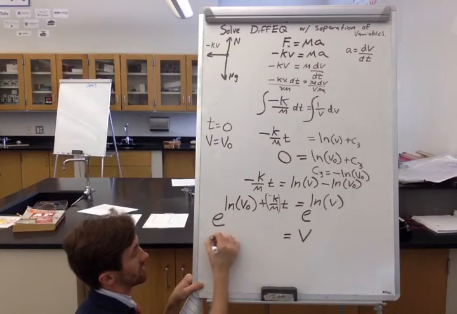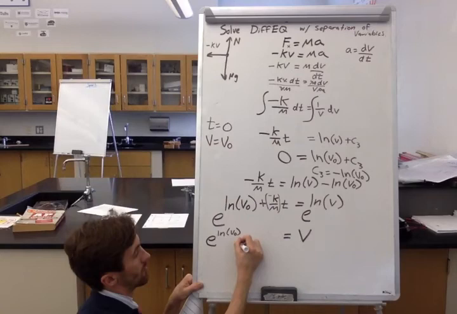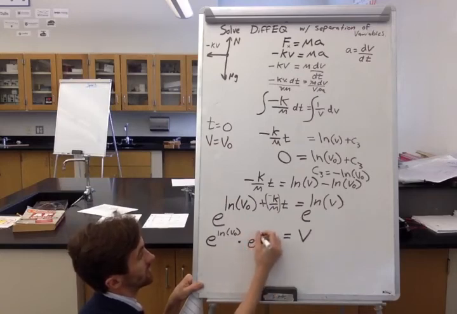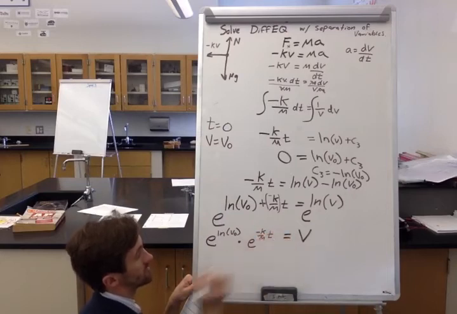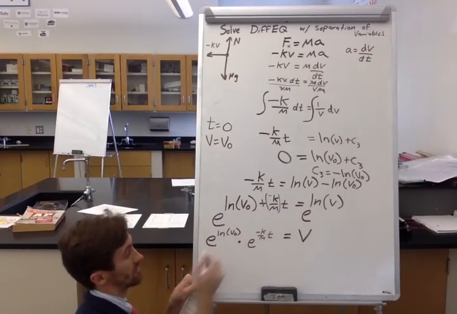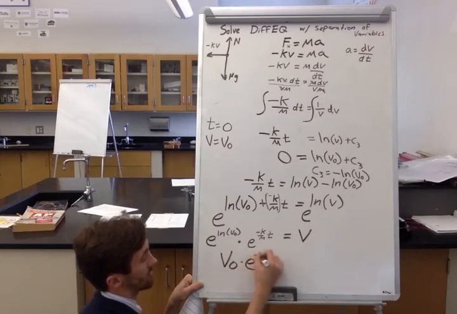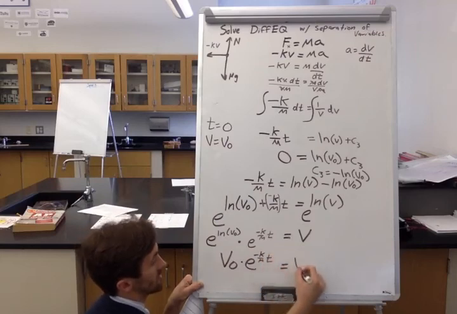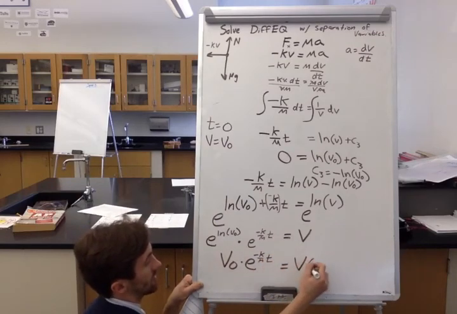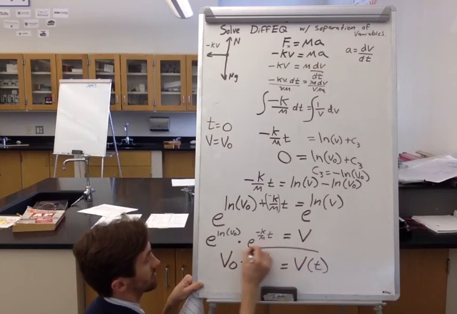So e to the natural log of v naught multiplied by e raised to the power of negative k over m times t. The last thing I know is that this e and this natural log will cancel out. So the initial velocity multiplied by e to the negative k over m times t is equal to the velocity as a function of time.